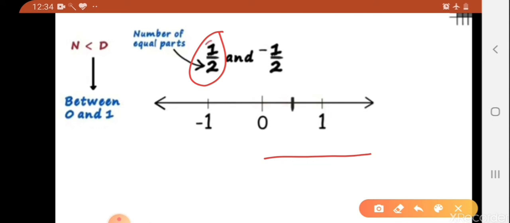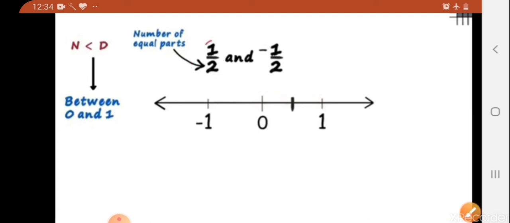In between 0 and 1, we have divided that part into two equal parts because the denominator is 2. Whatever the denominator is, you will divide into that many parts. Okay, you have divided.